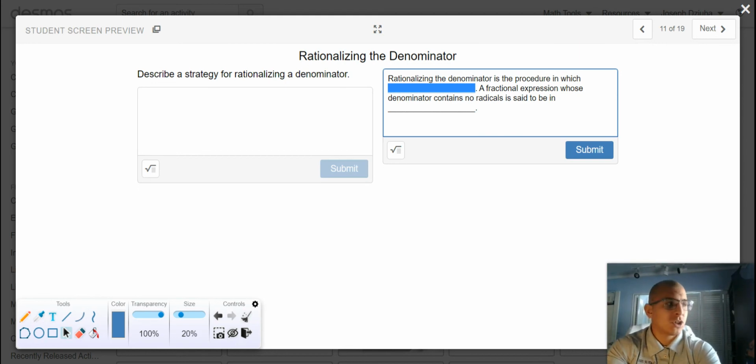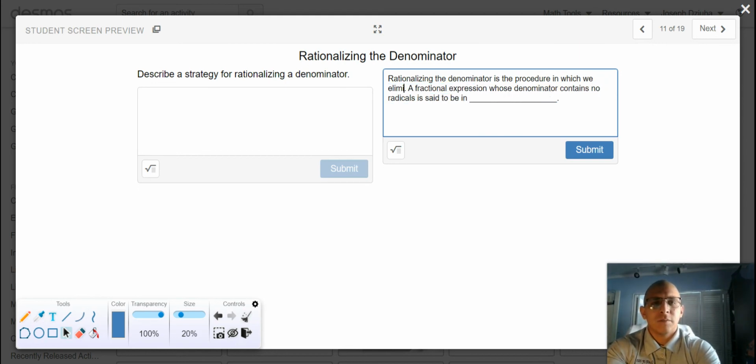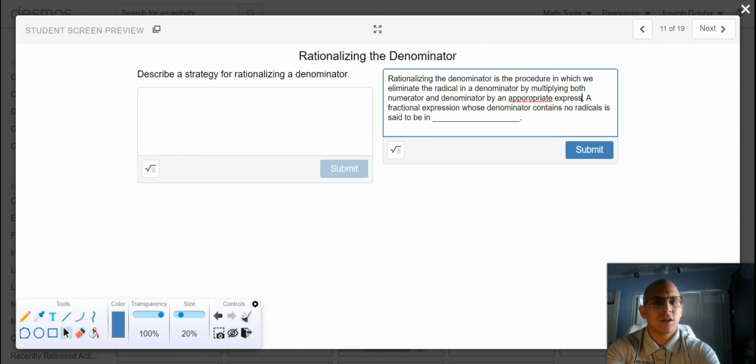It's a procedure in which we eliminate the radical in a denominator by multiplying both numerator and denominator by an appropriate expression. A fractional expression whose denominator contains no radicals is said to be in standard form.